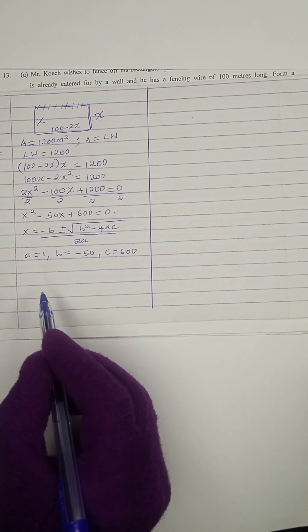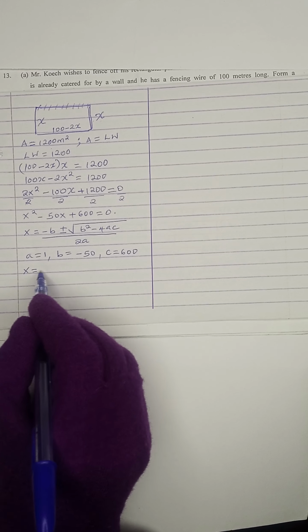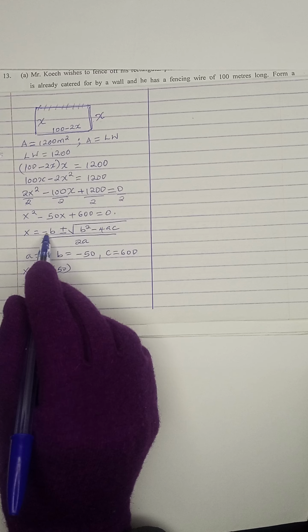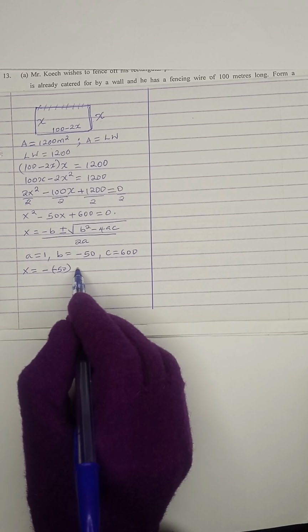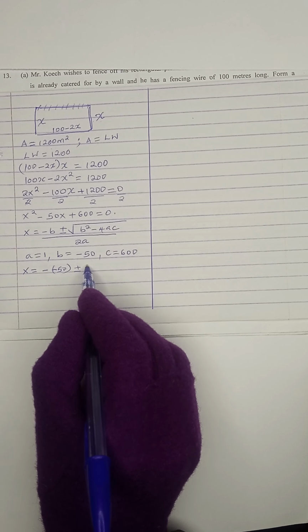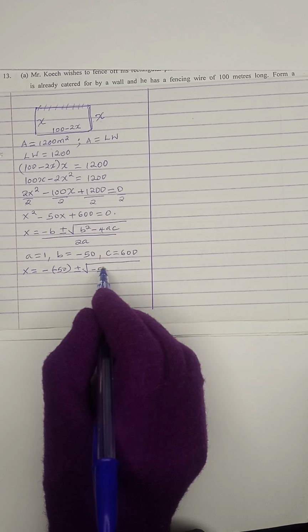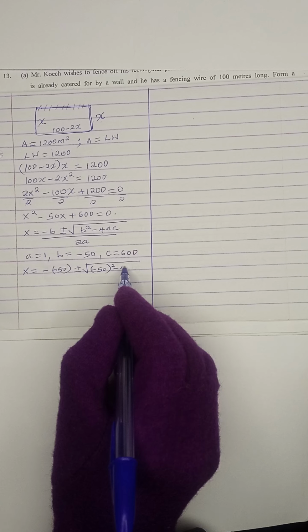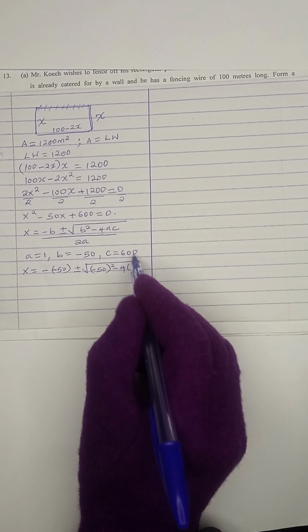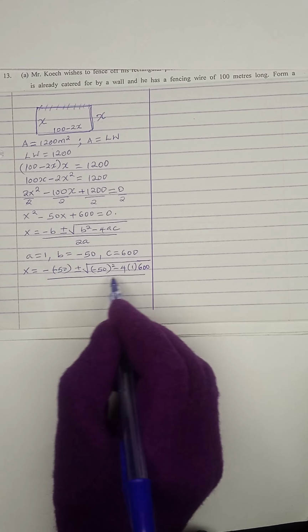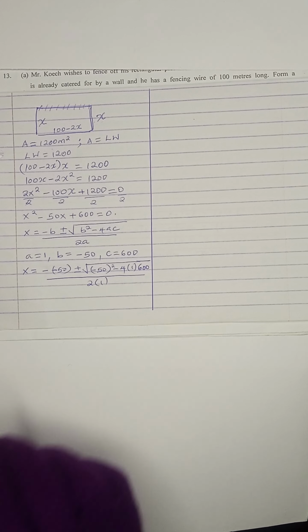So we will have x is equal to negative b, which is negative of negative 50. Then plus or minus the square root of b squared, that is negative 50 squared, then minus 4 times a, which is 1, then times c, which is 600. Then all over 2a, and remember our a is 1.